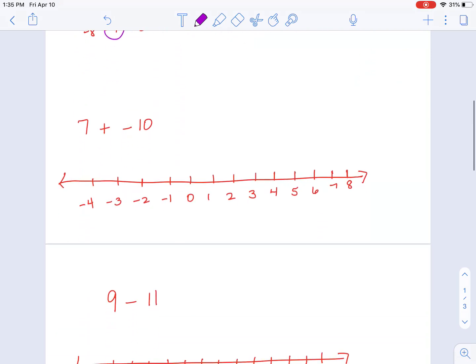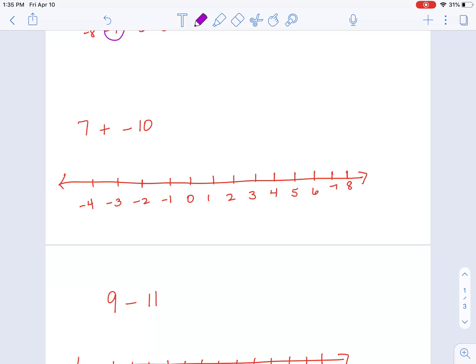All right, let's look here at this one. Are my signs alike or are they different? Signs are different. So when they are different, you could say this, you're going to find the difference. And difference means to subtract. So when your signs are different, you're going to find the difference.